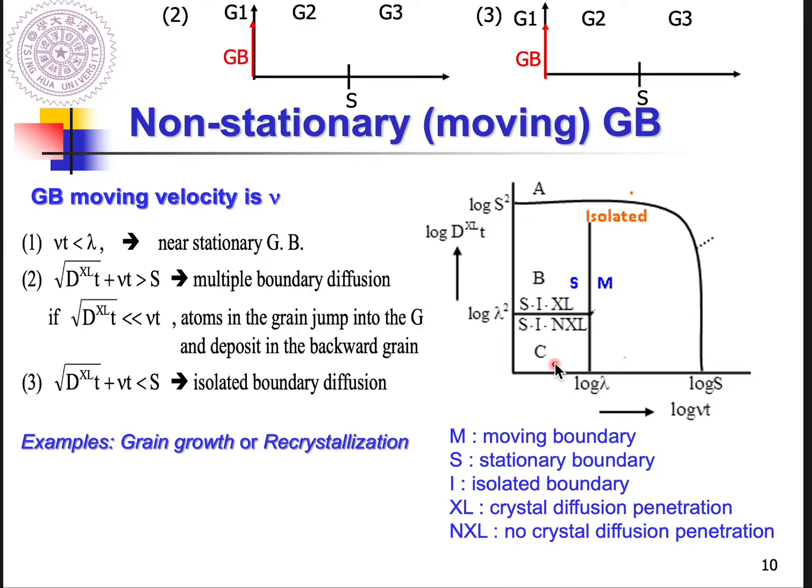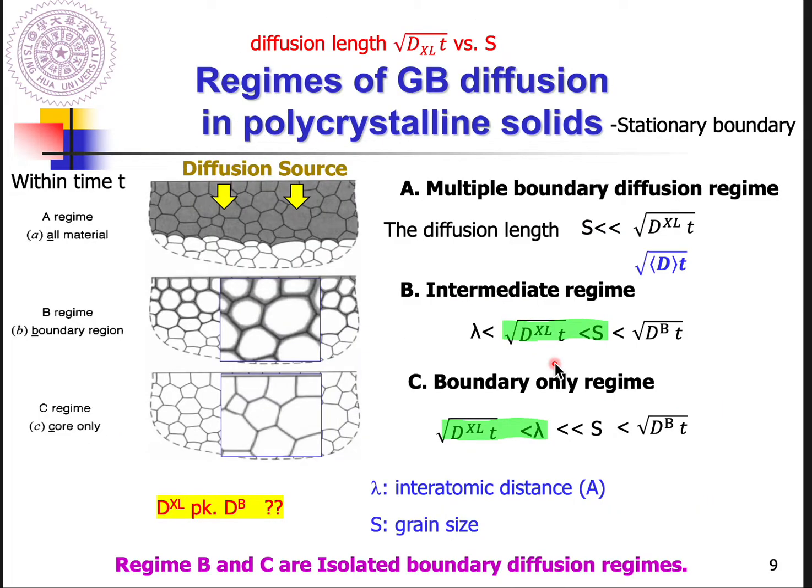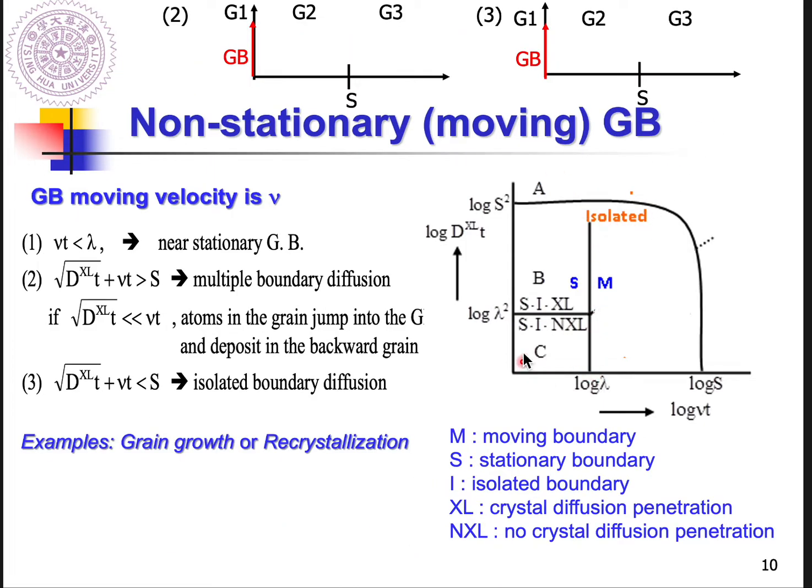This is what we mentioned in the previous slide, right? Based on this stationary boundary region, and on D_XL t versus S squared and lambda squared, we can classify three different types of diffusion patterns.